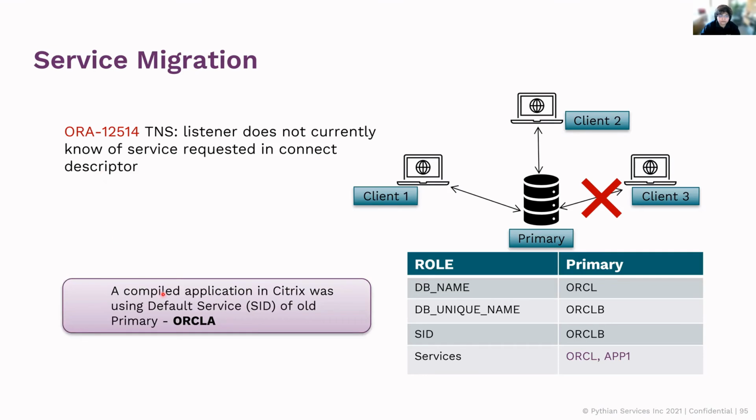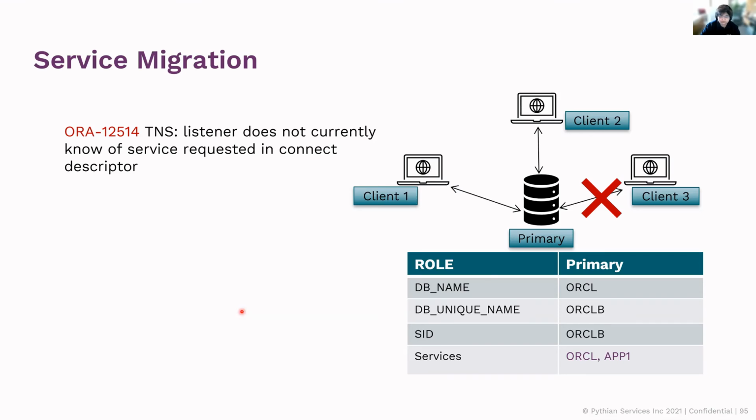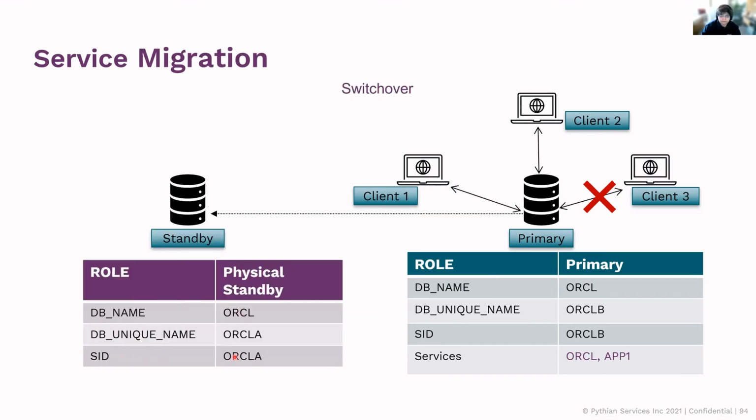This can happen if your application was using the SID service, the default service of your primary. If you notice over here, this is my SID, so there would be a service associated with it. And my application ended up using this particular SID service for its operations.